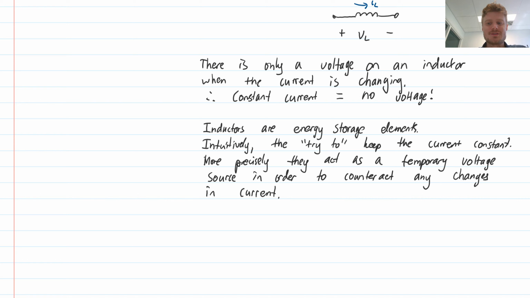If you want constant current, then you can put an inductor into your circuit to provide a bit of smoothing out of that current. So that's one purpose of inductors.